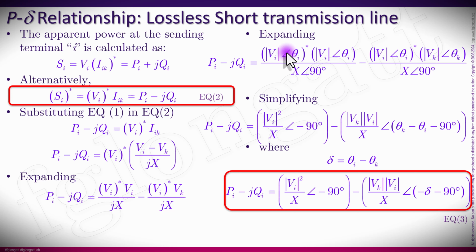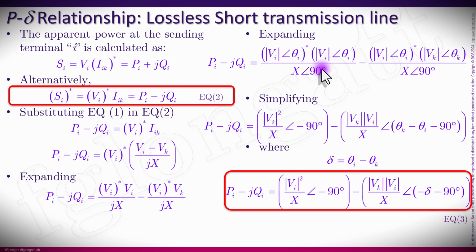Next, I continue expanding the equation, but now using polar representation for every single one of the phasors and impedances. So the denominator changed from jX to X with 90 degrees. And the numerator, I have done the same. In the previous page, I defined the phase angle for the sending voltage and the receiving voltage.